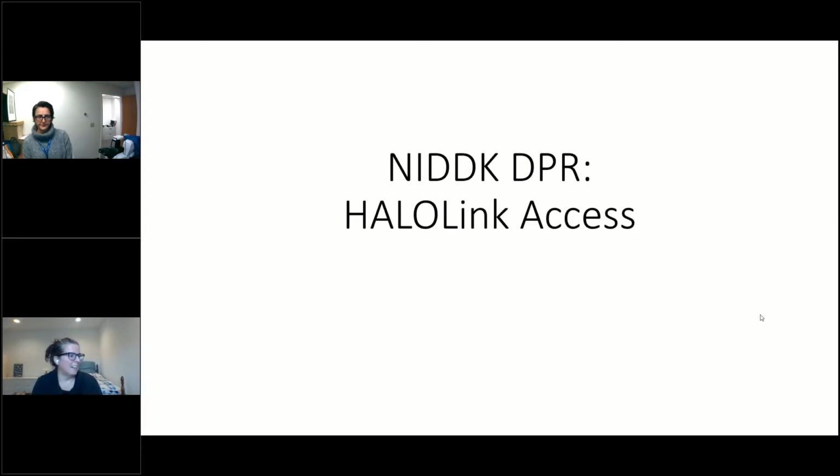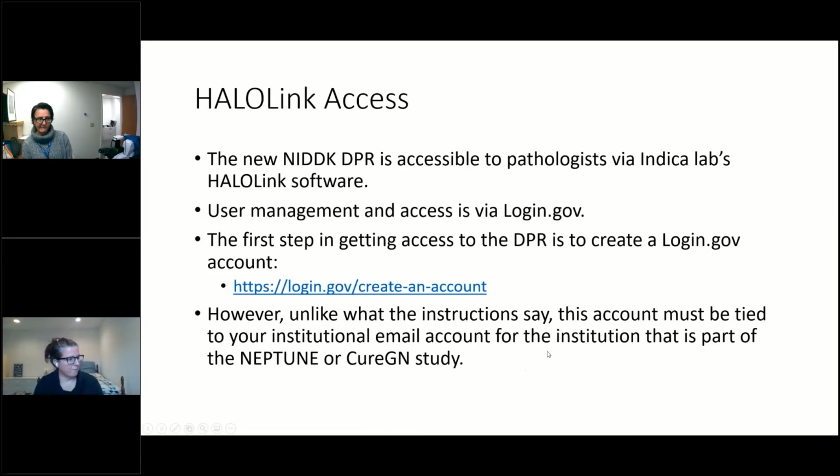Thanks, Laura. So hopefully you are seeing my slides. The DPR will be accessible via HALO Link, which is Indica Labs software, but the user management and access we're going to use is via login.gov. The first step is that you need a login.gov account.